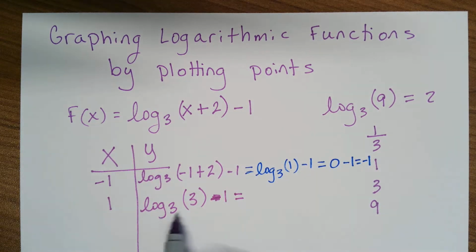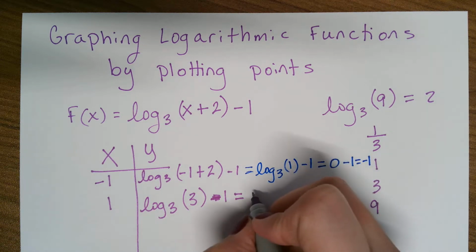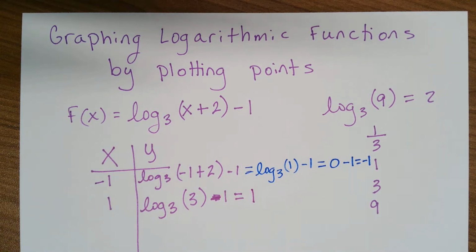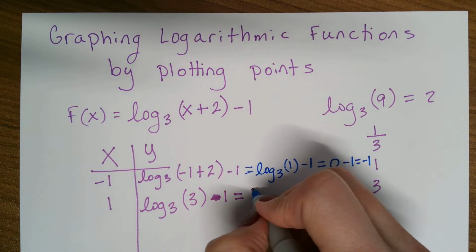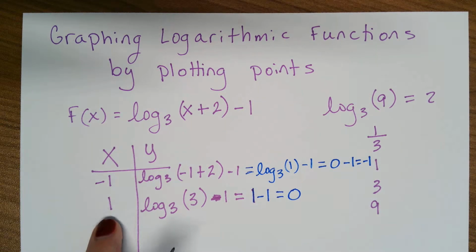Now here we can evaluate the logarithm. 3 to what power gives me 3? And it is 1. 3 to the first power gives me 3. So this logarithm simplifies to 1, and I still have that -1, which gives me 0. So that tells me if I plug in 1, I get 0.